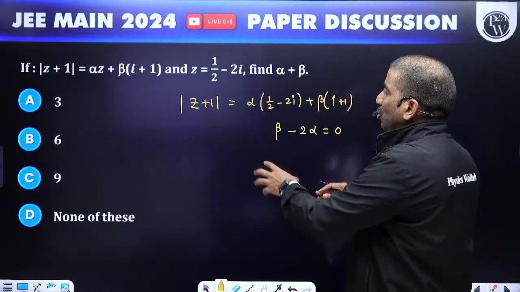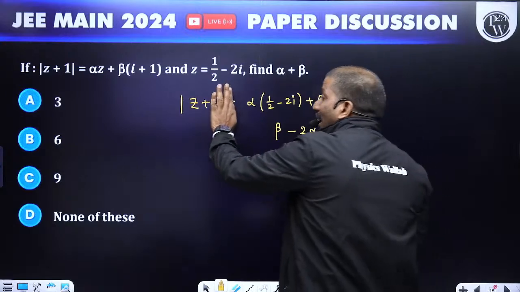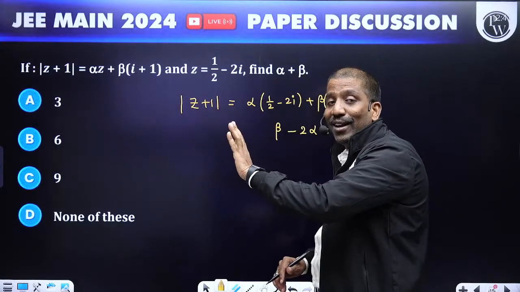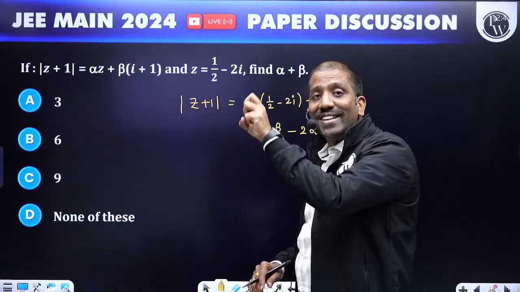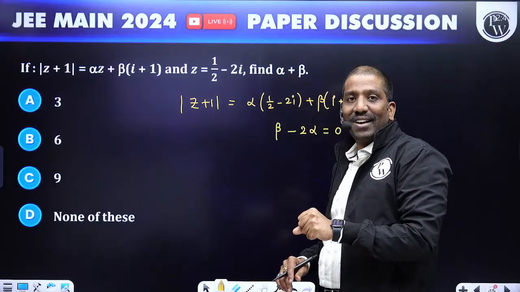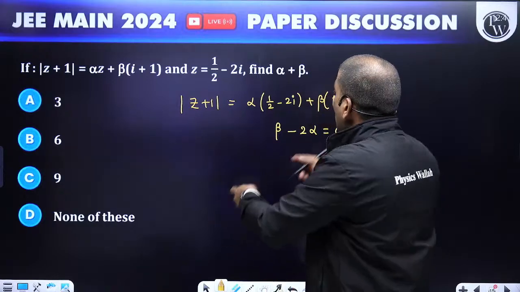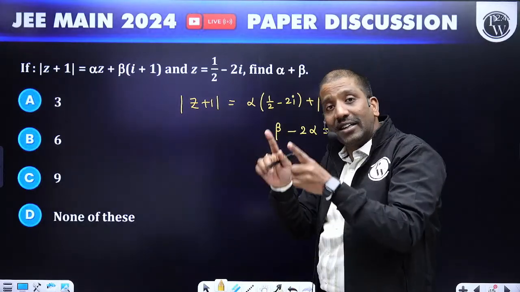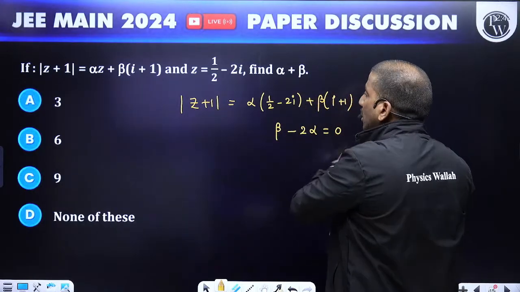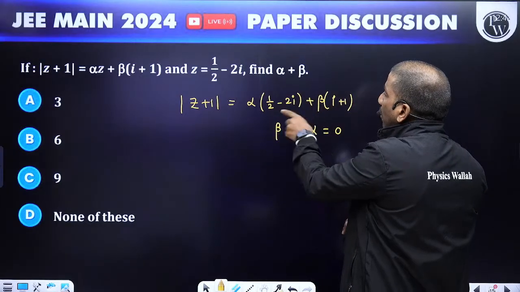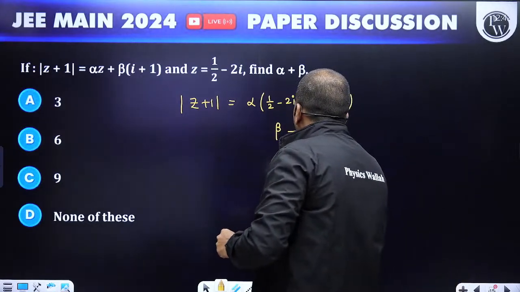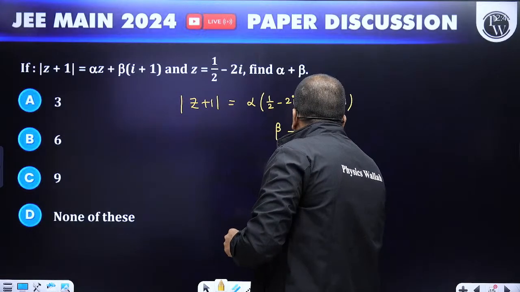So first equation, once again I'm repeating: modulus is given, it's a real number, so the imaginary part on the right hand side must be 0. Beta minus 2 alpha should be 0. So beta is equal to 2 alpha is one of the relations.